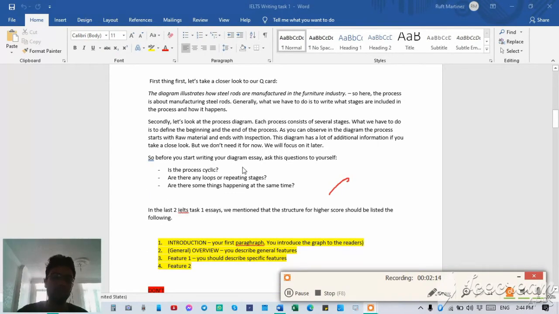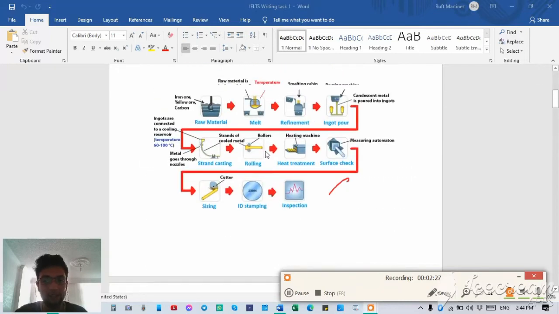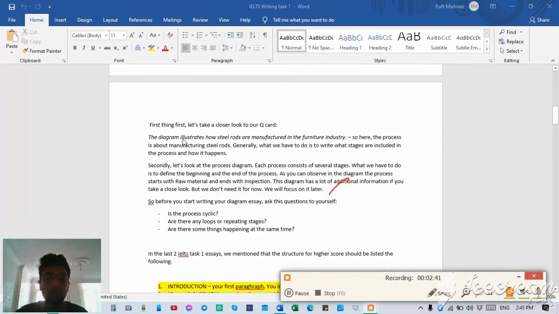When you start writing your diagram essay, after examining your question card and your diagram, you have to ask yourself this question: is the process cyclic? It means, does it come back to the start? Okay, that means cyclic, like it starts here and comes to the beginning again. It's a cyclic, continuous loop.